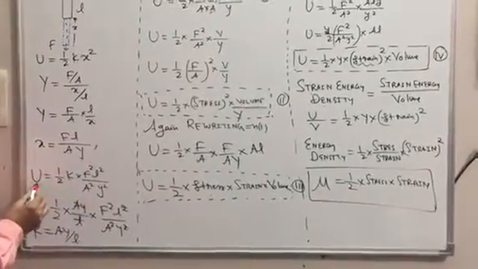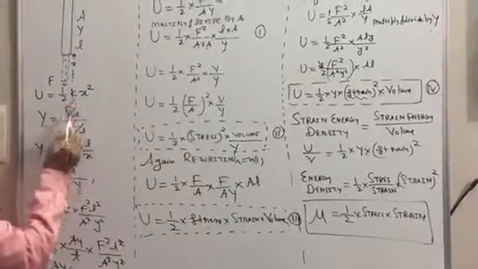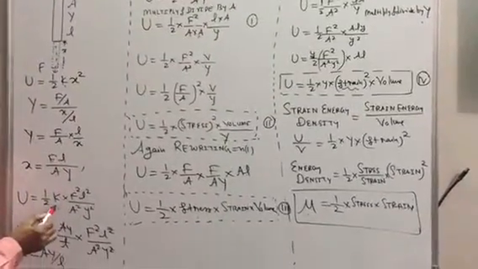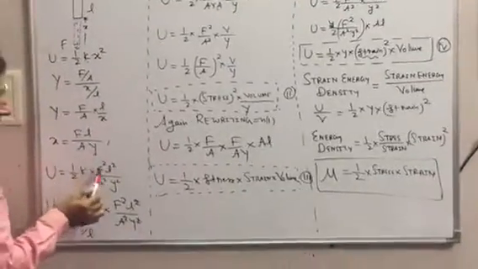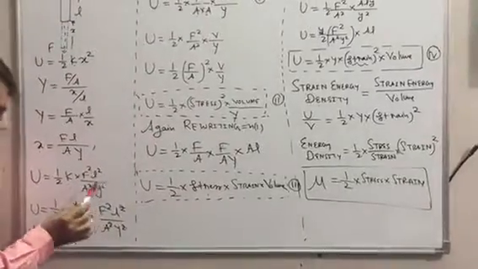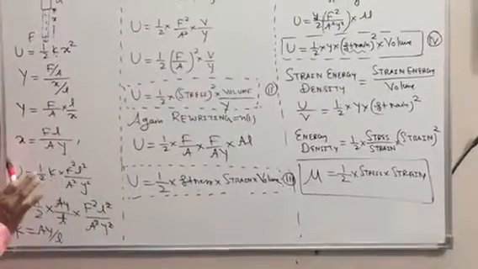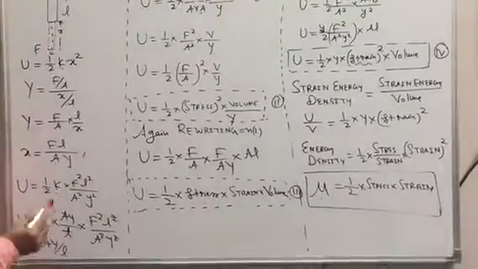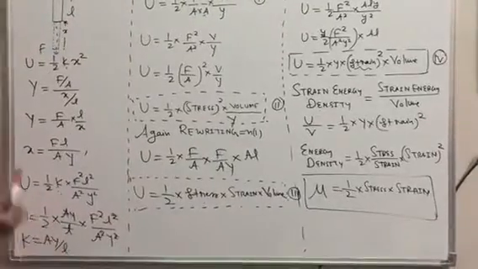So students, U equals half K x square. K instead is the spring constant. X instead we write FL upon AY, that is F square L square upon A square Y square. Put a pause here now. You write all these steps. Fine. Now play. Now instead of K, I put AY upon L.